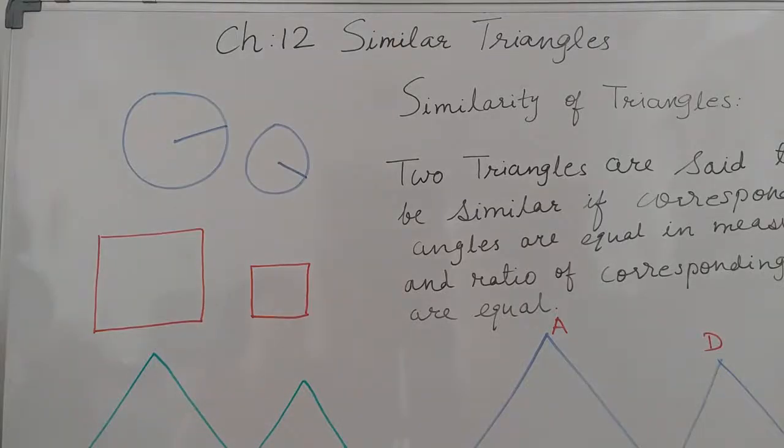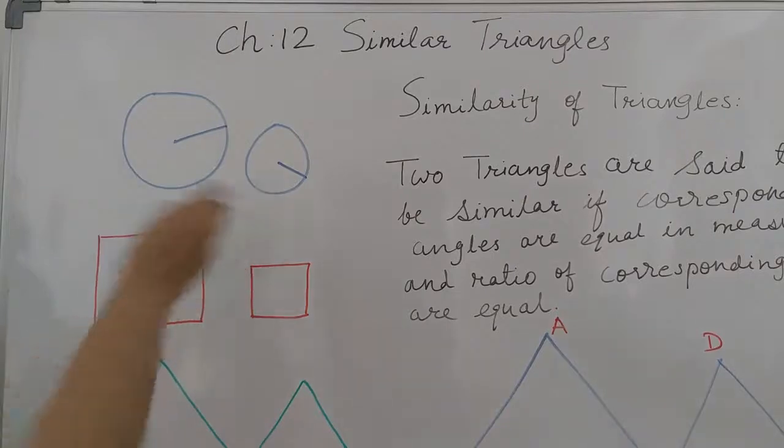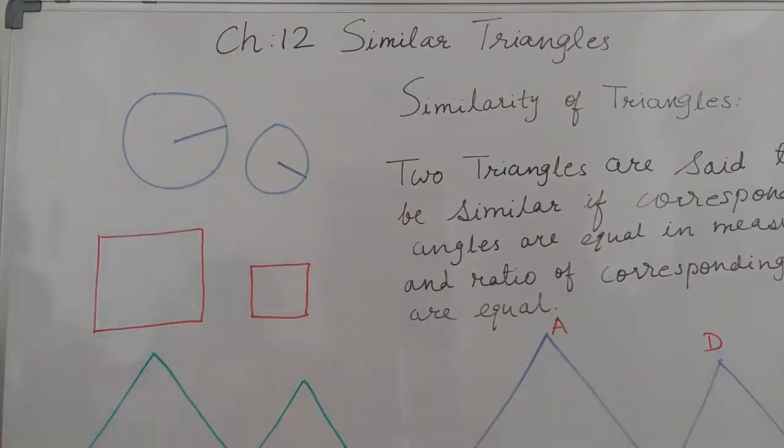Chapter 12, similar triangles. First of all, we learn here which two shapes are said to be similar. So here you can see on the board I have drawn three different shapes. First is a circle with some radius and another circle with a smaller radius.